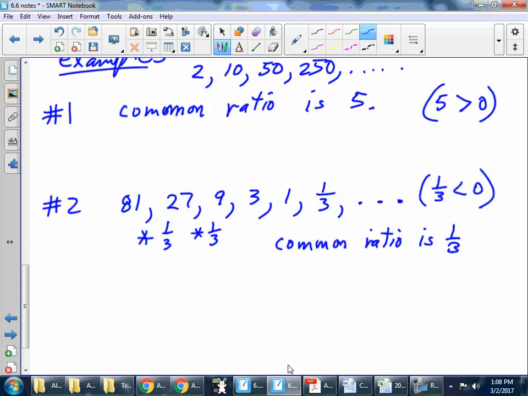Last one that's really weird. This is the crazy weird one. So what would be the common ratio there?